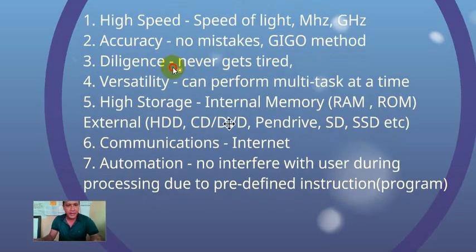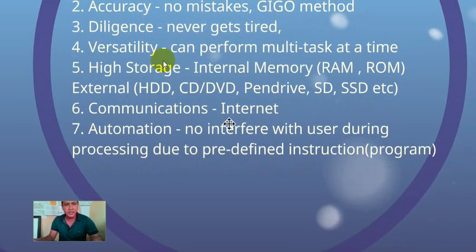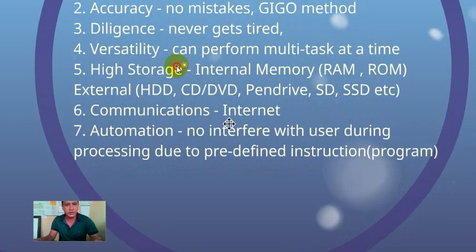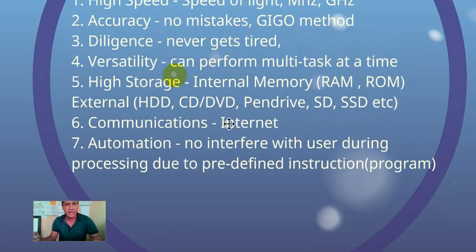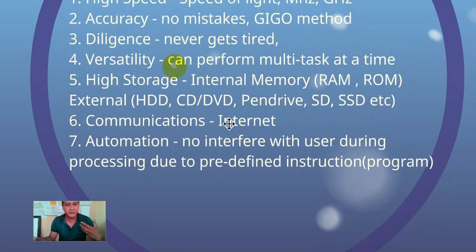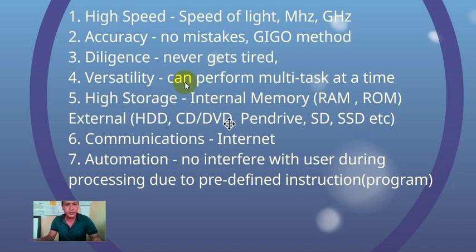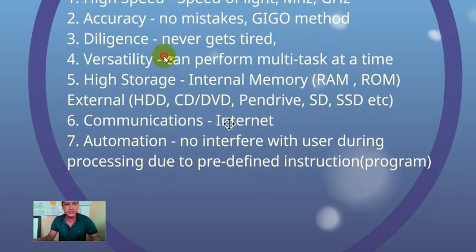Okay, next one, number 4, is versatility or versatile. Versatility means like human. Human can do many works at a time. Like our senses, they are working by themselves. Hearing, listening, tasting, feeling, those are done by humans instantly, and computer is also like that.